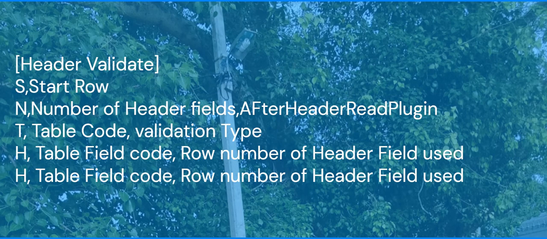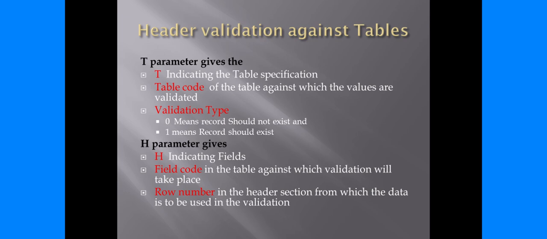Validation could be performed against one or more tables. Each table validation will start with the T parameter followed by the H parameter. T parameter gives the table against which the validation is to be performed, and H parameter gives the header data that is to be used in the validation. T parameter gives T indicating the table specification, table code of the table against which the values are validated.